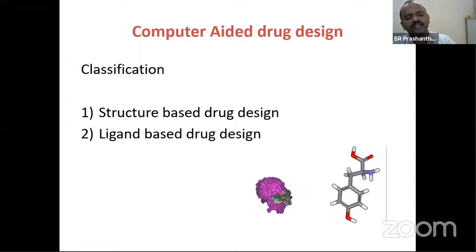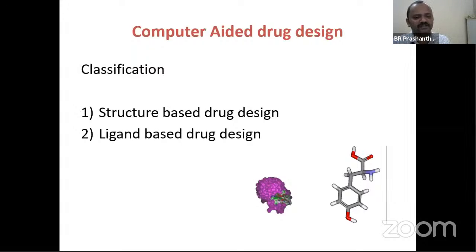So using some ligands into consideration, by looking at the ligands, we are going to design a ligand that can fit into that particular protein structure, but also take into consideration that its ADMET properties fit in, its pharmacokinetic properties fit in, and its pharmacodynamic properties also fit in.